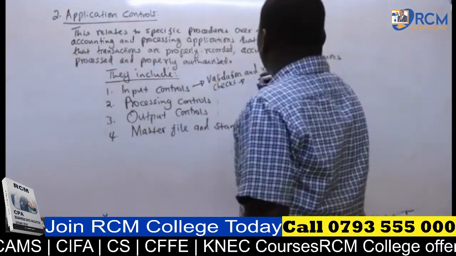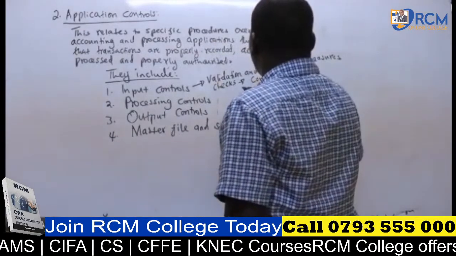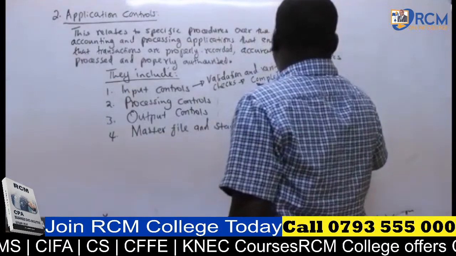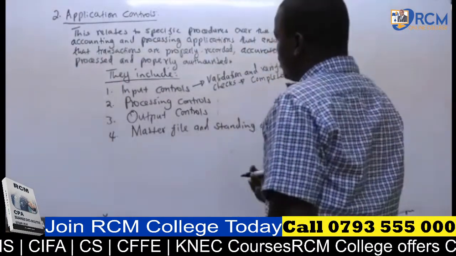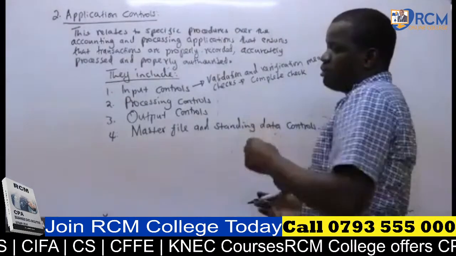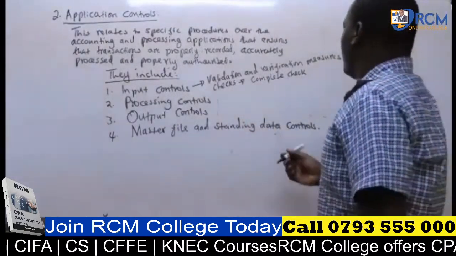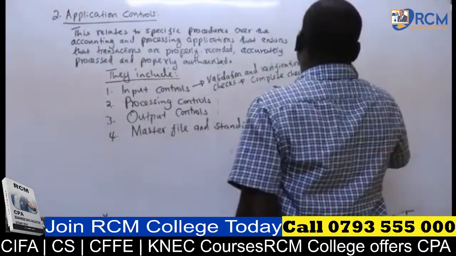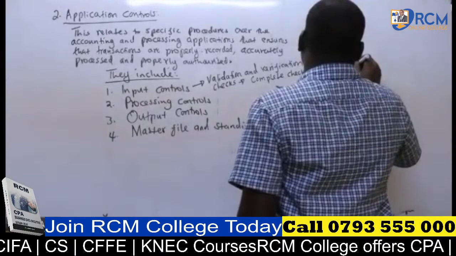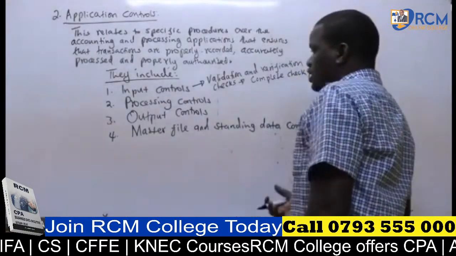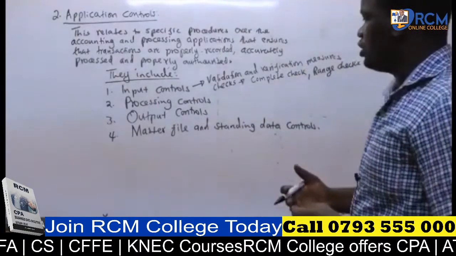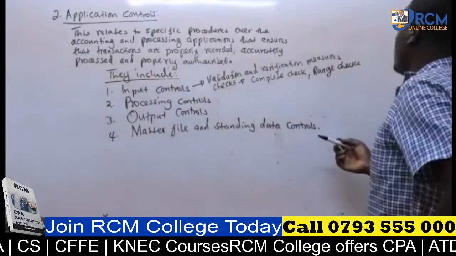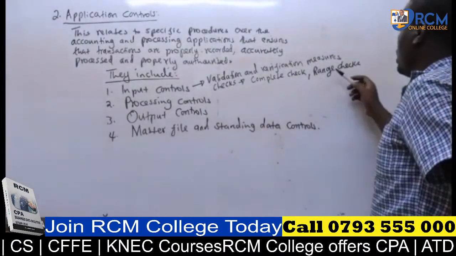One, we can do what you call the completeness check, just to confirm the details before they're keyed into the system are complete in all aspects and detailed enough. The other one is the range check, which confirms the data to be processed falls within the required range. Like if you're processing payroll data, you can look at the salary range.